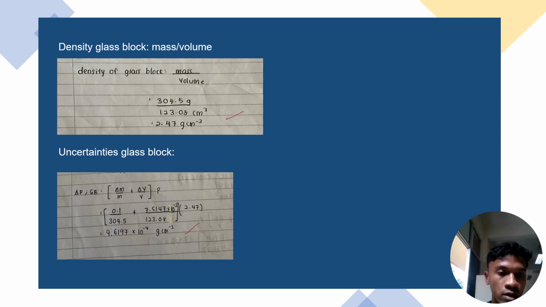So 0.1 divided by 304.5 plus 7.5147 multiplied by 10 power of negative 3 divided by 123.08, multiplied by 2.47. So the answer is 9.6197 multiplied by 10 power of negative 4 gram centimeter power of negative 3.